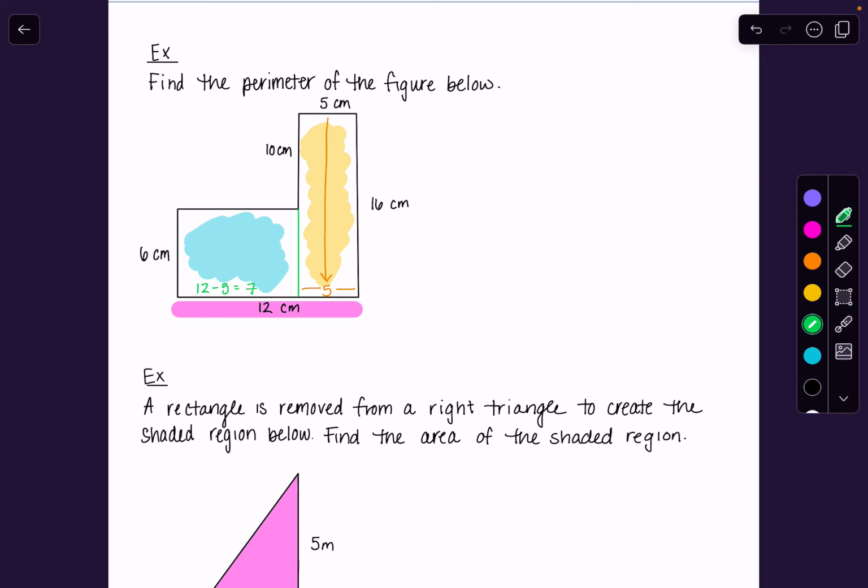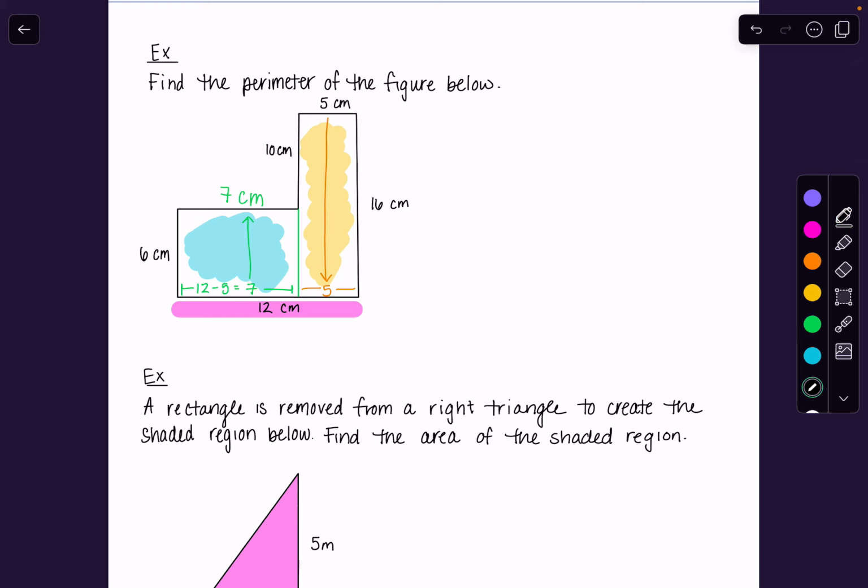So this side length is 7. Okay. And because again I have 2 rectangles, this is another rectangle right here, that tells me that the side across from it is also exactly the same. So my missing side length is 7 centimeters.